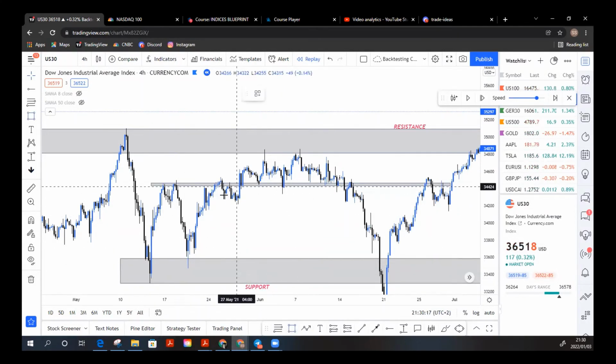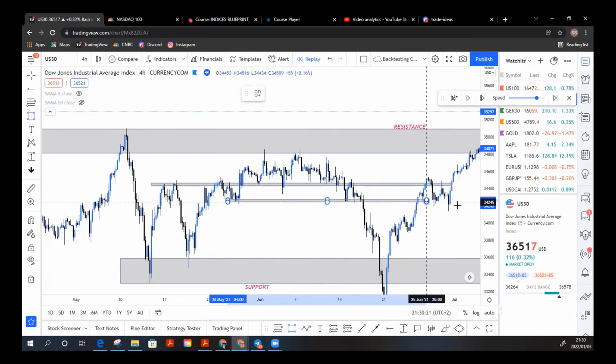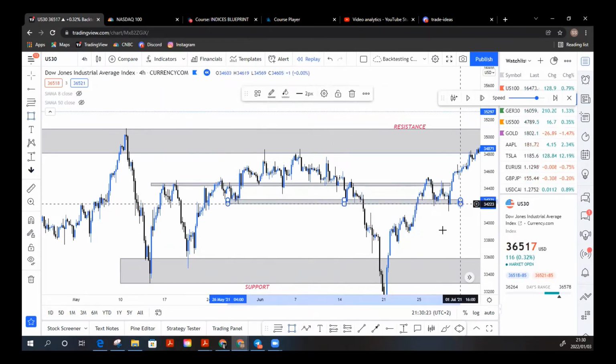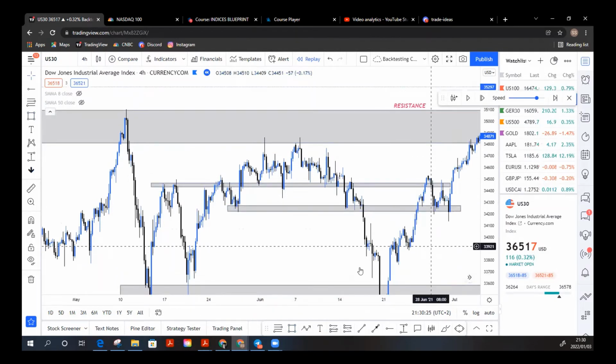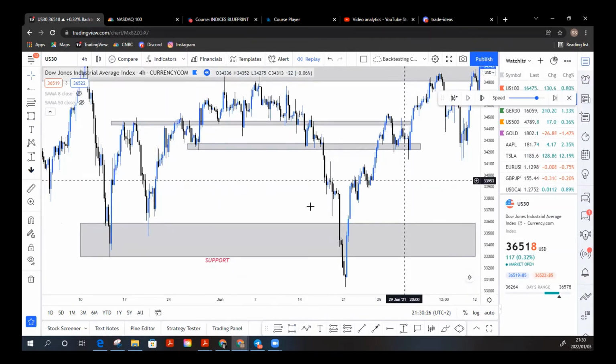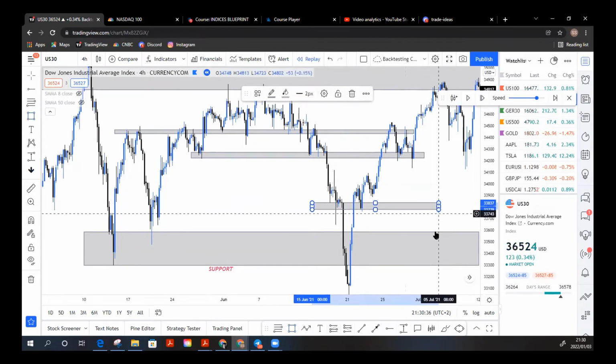So this becomes your support area or support level. You see, and you've got other levels down here.